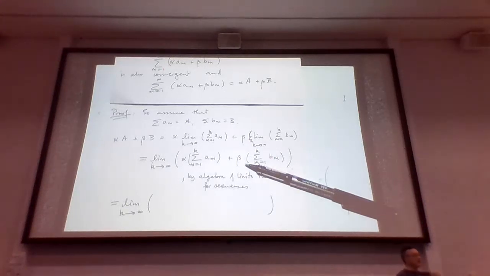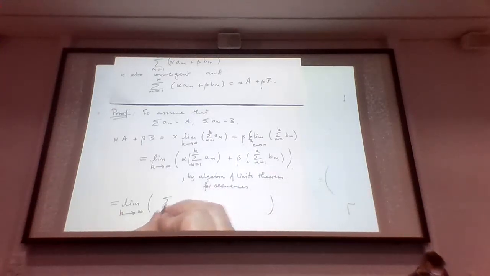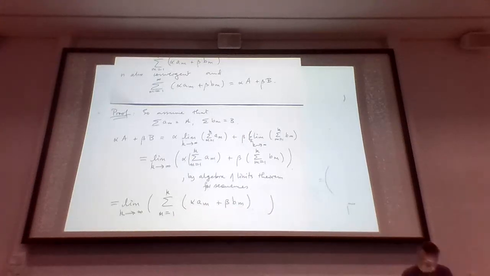So we can use very basic algebraic manipulation to express it as a single sum: the sum from m equals 1 up to k of alpha a_m plus beta b_m. That's not a property of convergence, or of infinite series, or anything sophisticated like that.